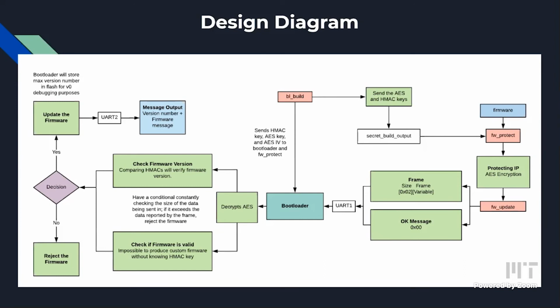In the bootloader, we check the metadata and make sure it conforms to our requirements, and after that, we send it to update based on what the outcome is. We will go into more in-depth descriptions of this in the next slide.